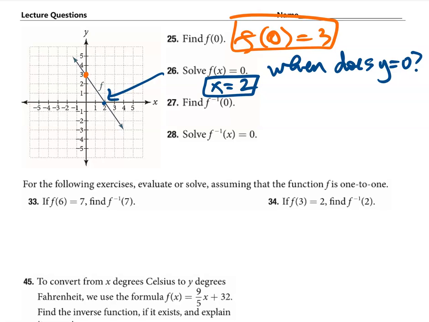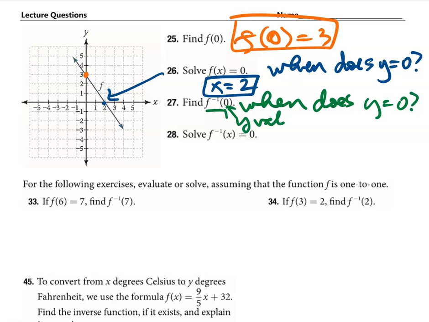27, f inverse of 0. That means also this is when y equals 0. Same thing. And this is a y value. And remember that.